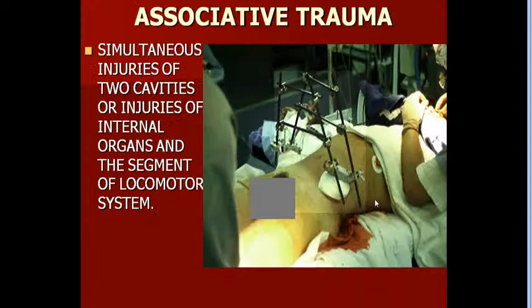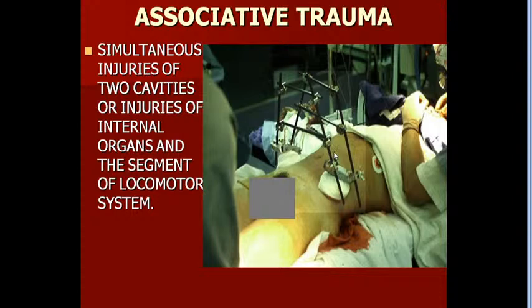Next, associated trauma. Simultaneous injuries of 2 cavities or injuries of internal organs and a segment of the locomotor system. For example, look, it's a patient after automobile accident with damaged pelvic instability and closed trauma with ruptured internal organs.